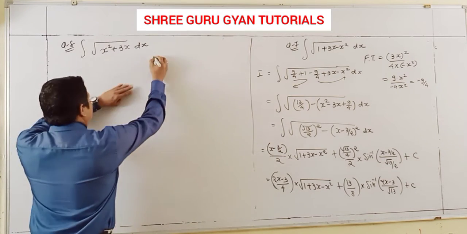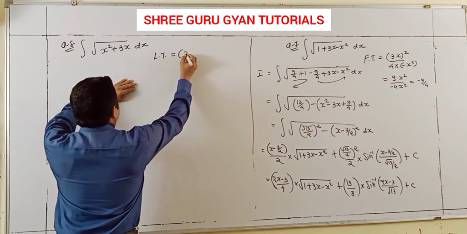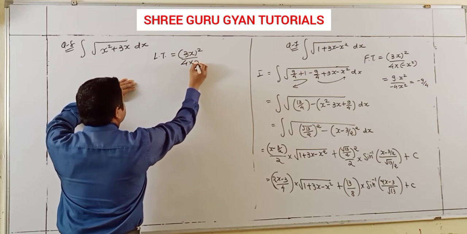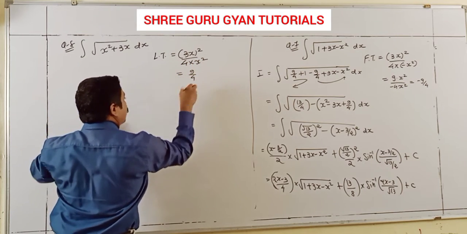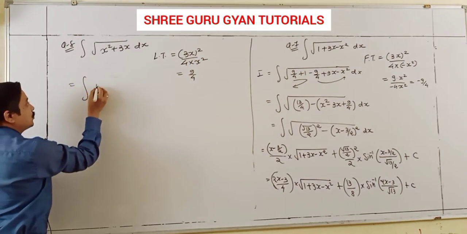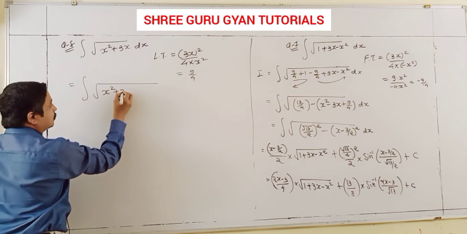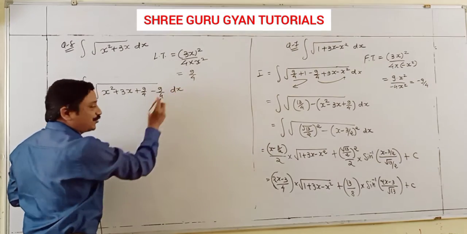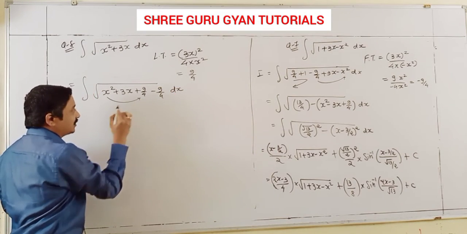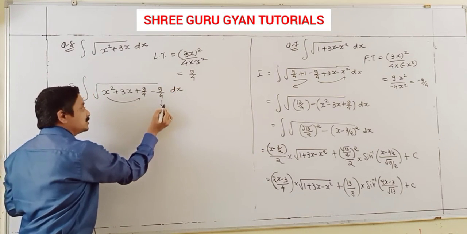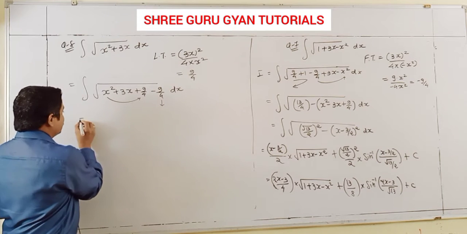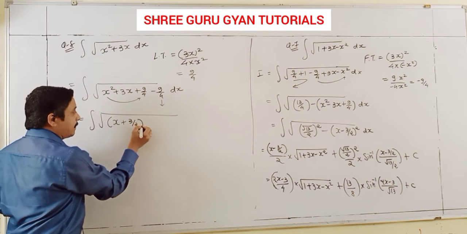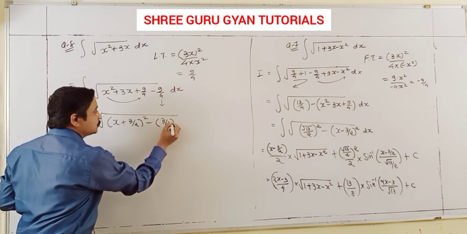So students, last term formula, you know, middle term square 3x square by 4 into first term, it is 9 by 4. So I just show that last term 9 by 4 minus 9 by 4. This is a perfect square, and that also a perfect square. So I just show 3 by 2 square, and here also.